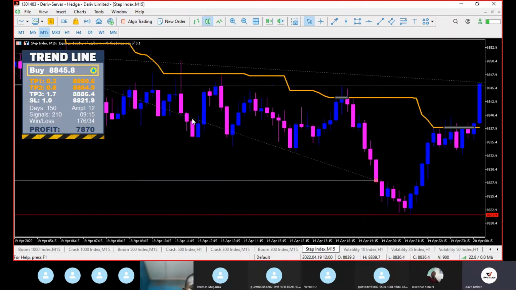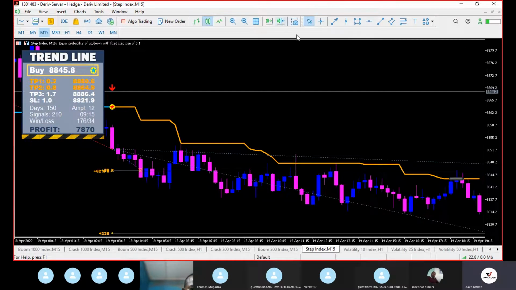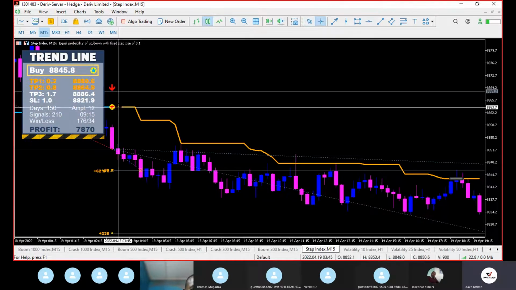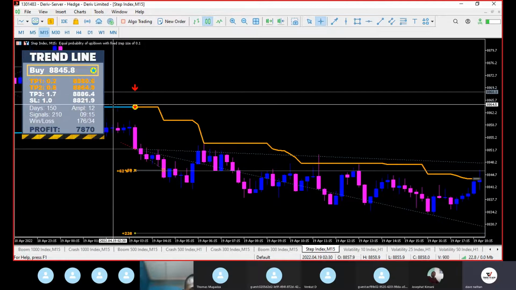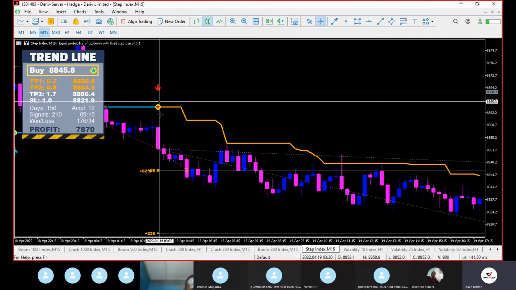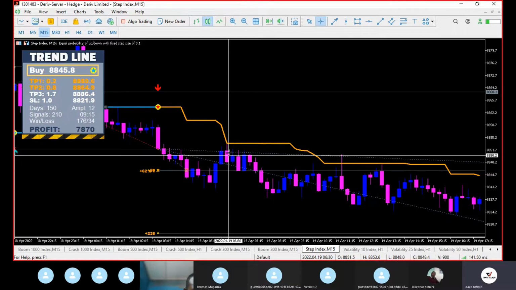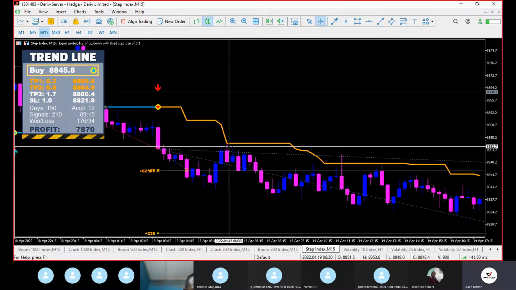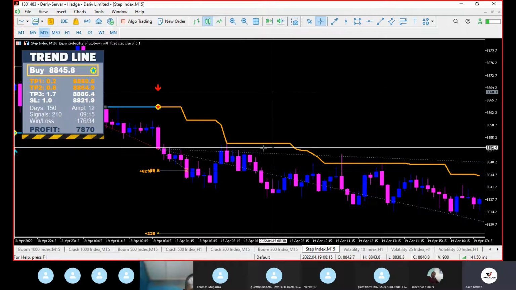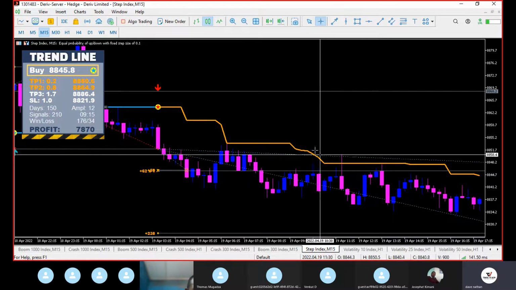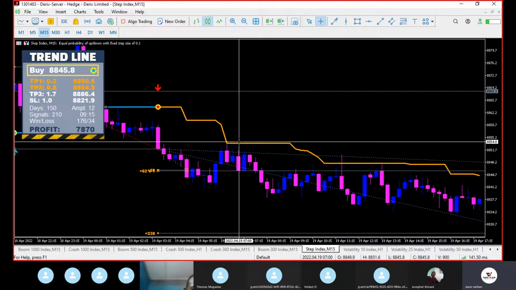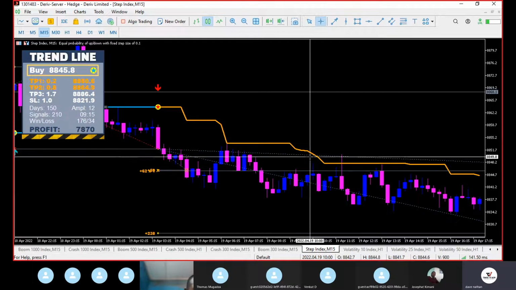If you look at this closely, this thick yellow line, this is where we got the signal, right? So we had the signal at this point, and you can see that at every point, price came to the dynamic yellow line. I can refer to it as a resistance.